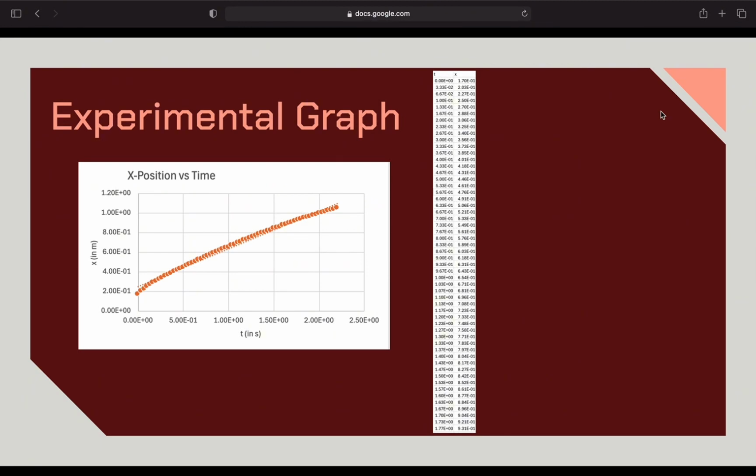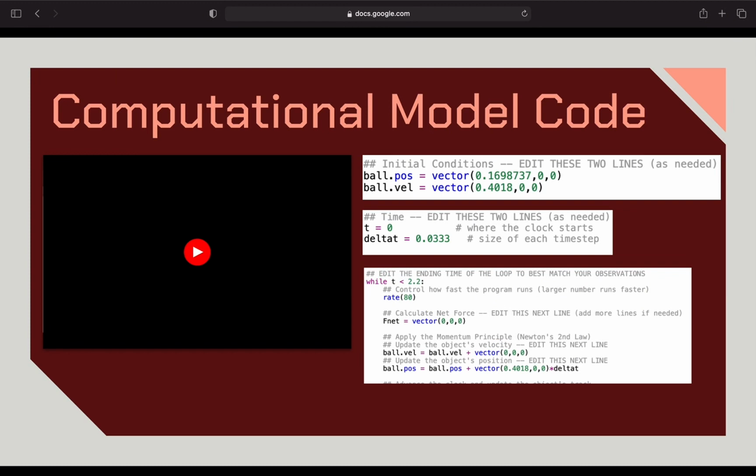So we have a computational model code, and we have set up our initial boundary conditions with the initial velocity vector ignoring the change in y. I found this by finding the average change in velocity. I found the initial position through Tracker by comparing the position of the expo marker to a 1 meter stick.